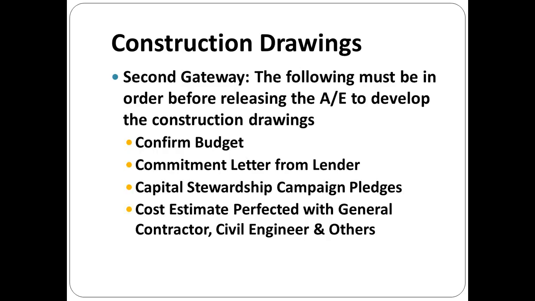And you could use the 3D estimating equipment from your design team and not involve a general contractor, and that's something newer that is being perfected. But nonetheless, you want to come away with a perfected cost estimate, knowing what it's going to cost.